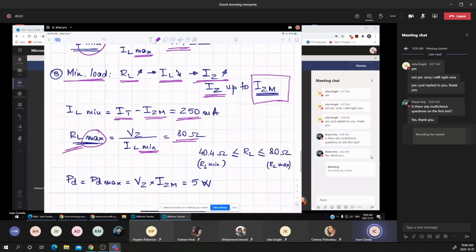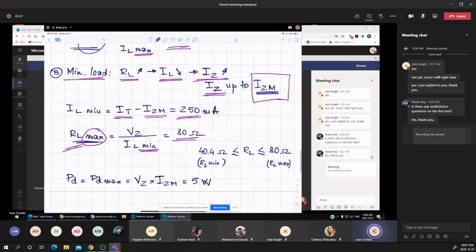This means that the resistance RL, or the load that can be attached to the regulator, to the Zener diode, to the circuit, can be anywhere in this range. The minimum resistance is 40.4. That's the RL minimum. The maximum resistance is 80 ohms, and I will define that as the RL max.